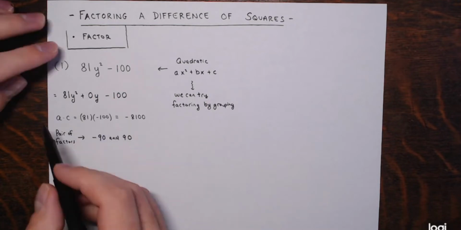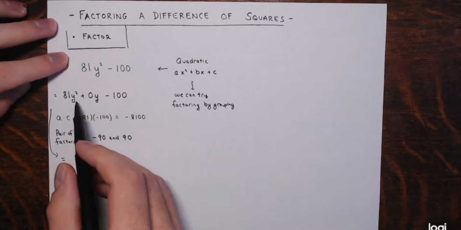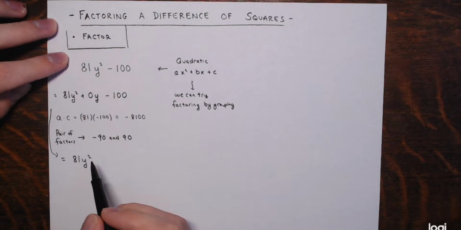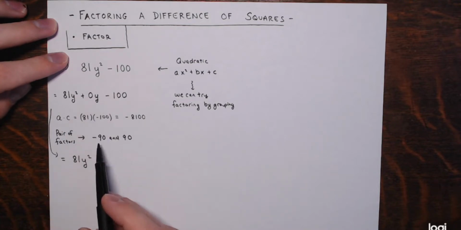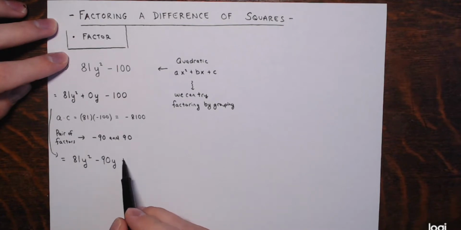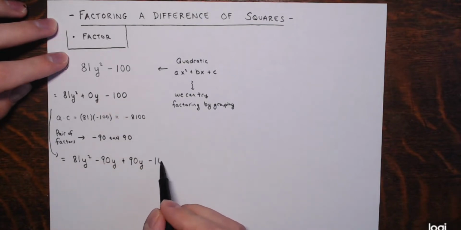And then you use this pair of factors to rewrite the middle term. So this is 81y squared, and then instead of plus 0y, I'm going to write it as minus 90y plus 90y, using the minus 90 and positive 90. And then we have the constant term, minus 100.